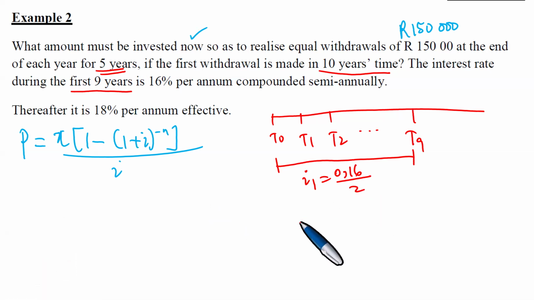And then remember that the interest rate during the first 9 years is 16% per annum compounded semi-annually. Thereafter, it is 18% per annum effective, meaning that after that, it's going to be exactly 18% effective.